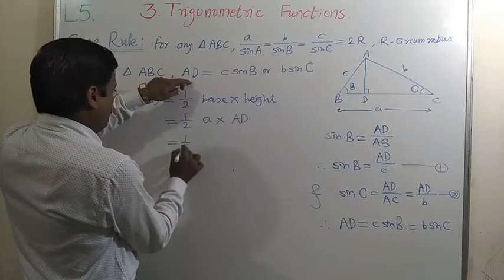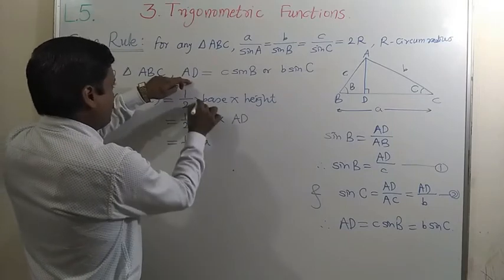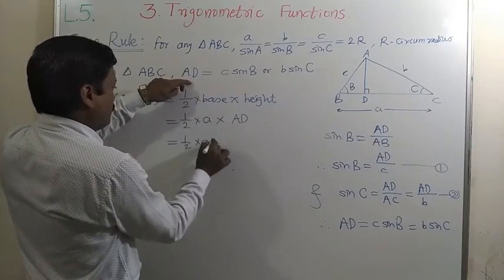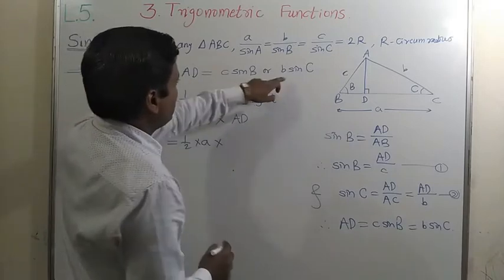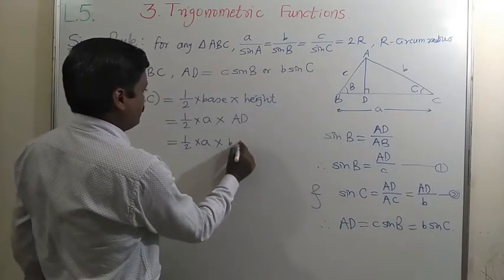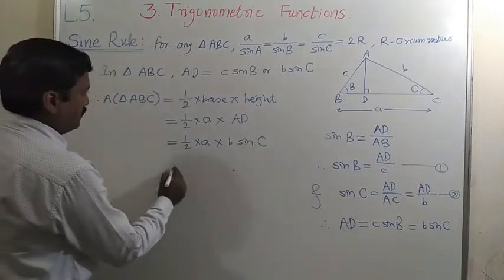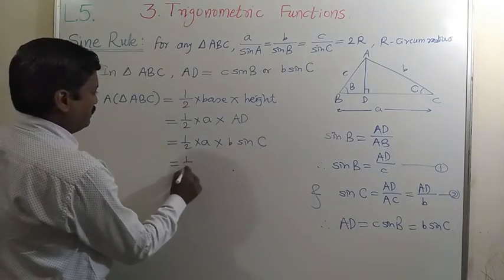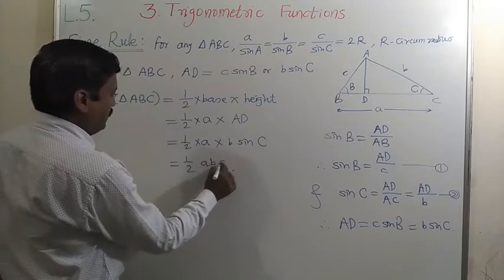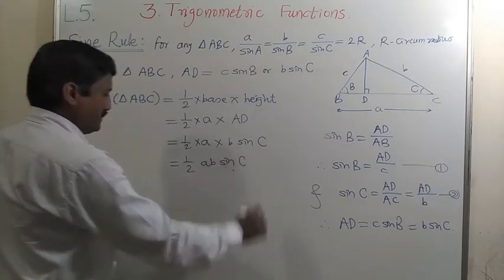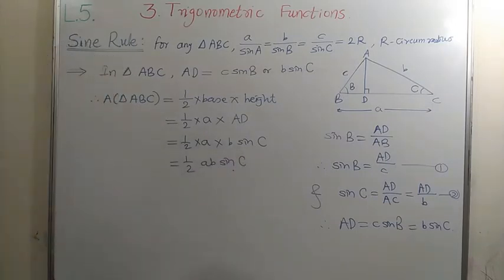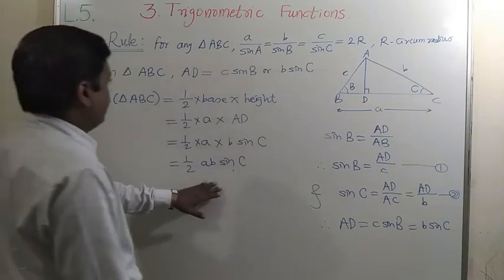So it is equal to 1/2 a into AD, which is b sin C. So it is equal to 1/2 ab sin C. Okay, so this is the area of triangle ABC.